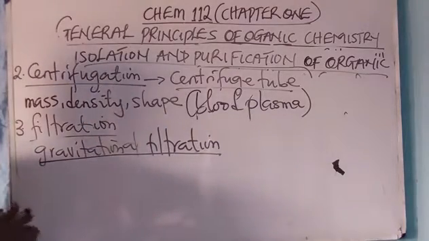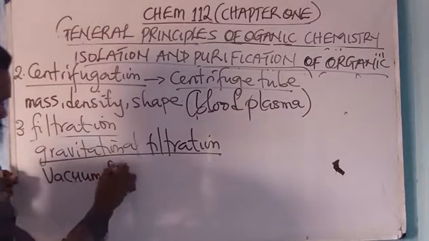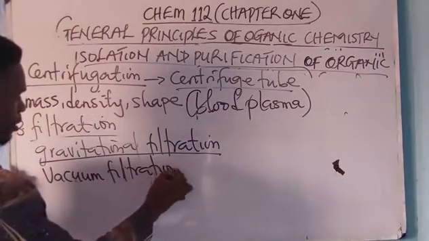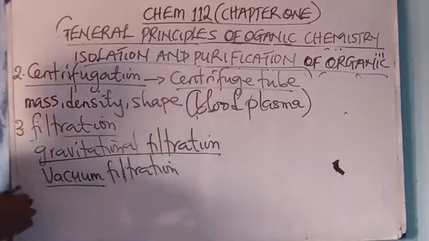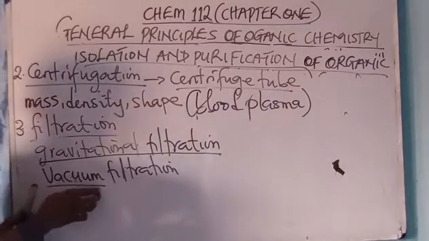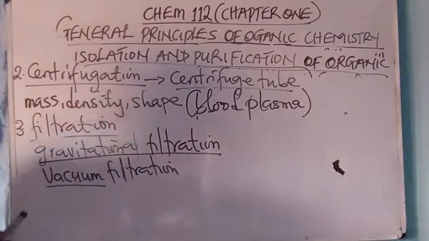You now also have vacuum filtration. Now this vacuum filtration, as the name implies, vacuum is a region of space where there is no matter. It's a type of filtration in which a vacuum is introduced into the filtrating unit. Now what does it do?